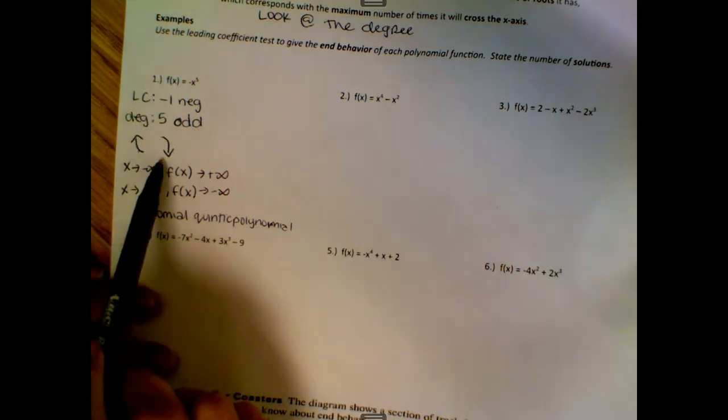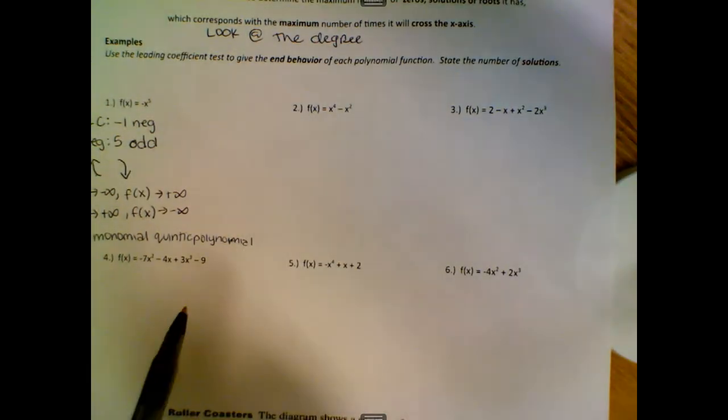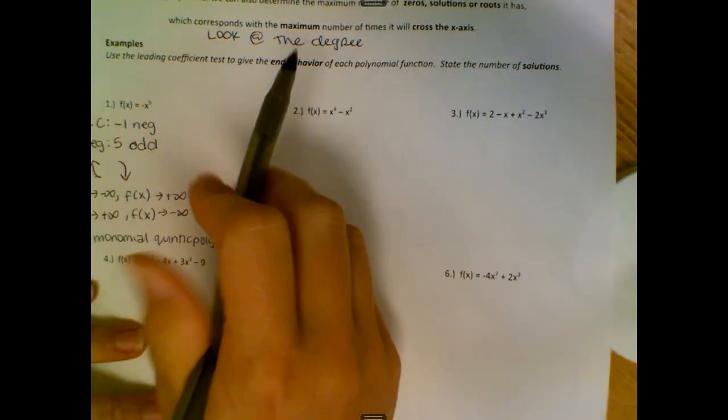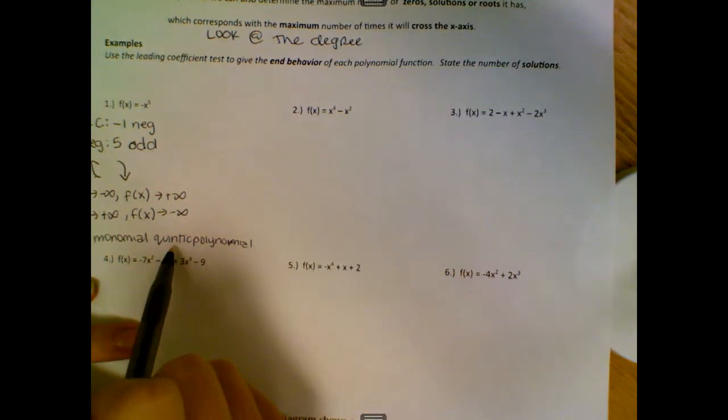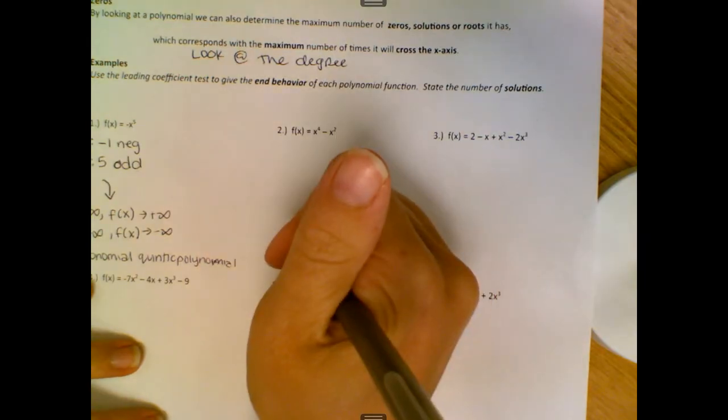So now we can list all these things, so it's right there. All right, we're going to do another one. Let's look at number 2. We're going to do the end behavior, we're going to do the number of solutions, we're even going to name it.